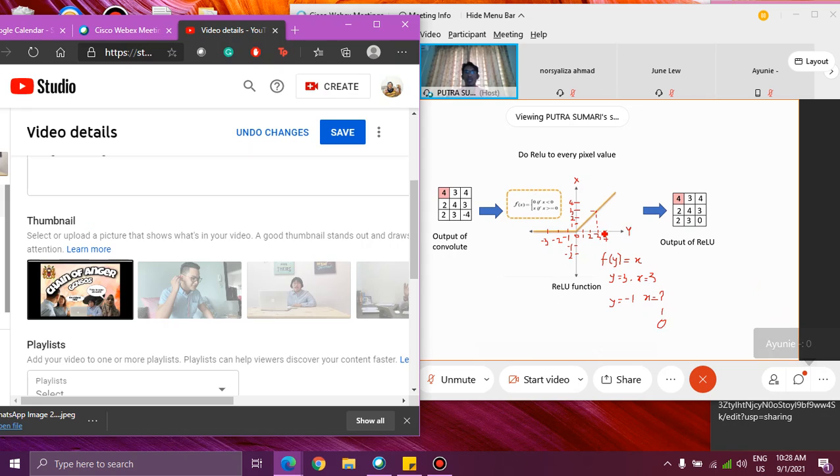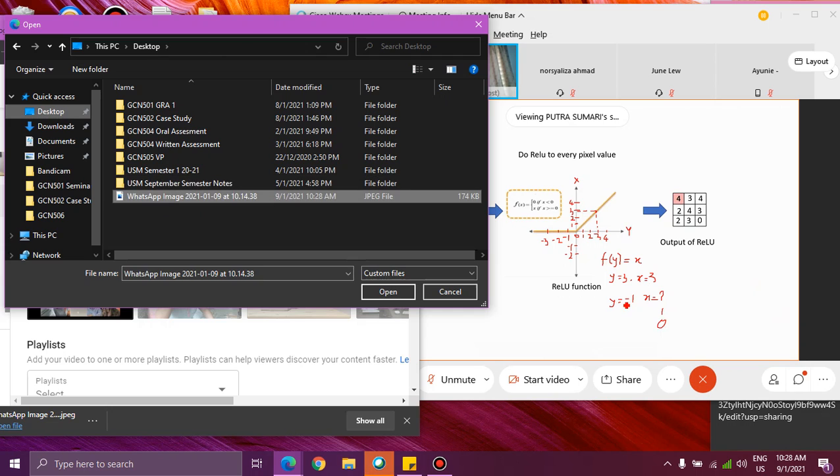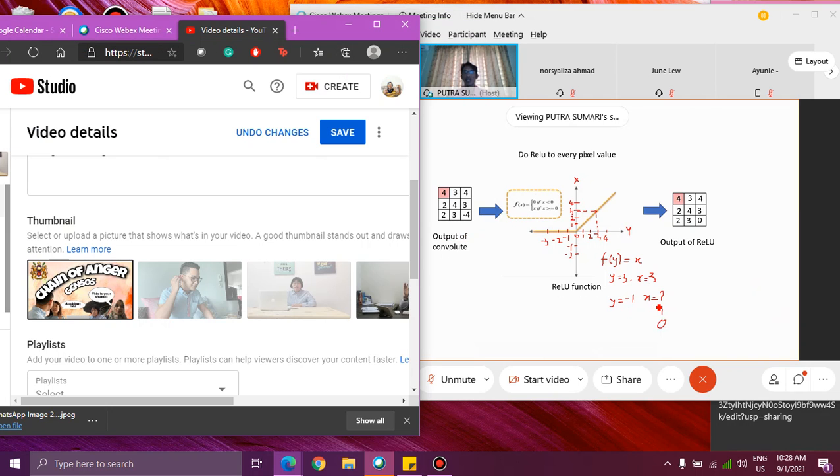So this is y equal to 3. X will be 3. Okay. So if y is equal to negative 1, you said x is equal to 1 and another one said 0. Any more answers?